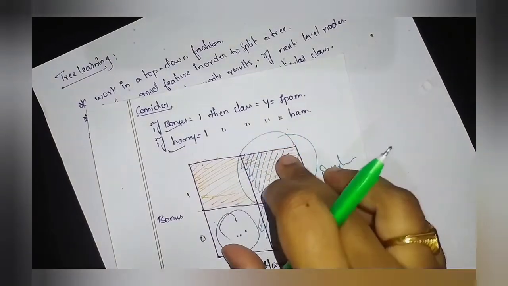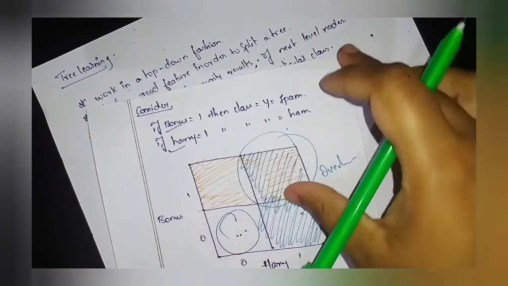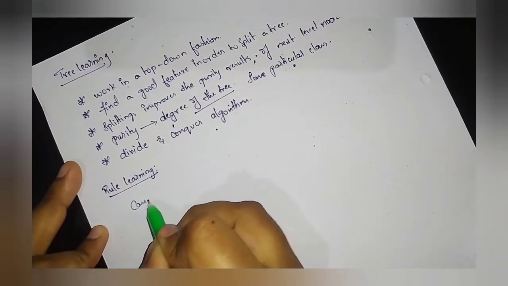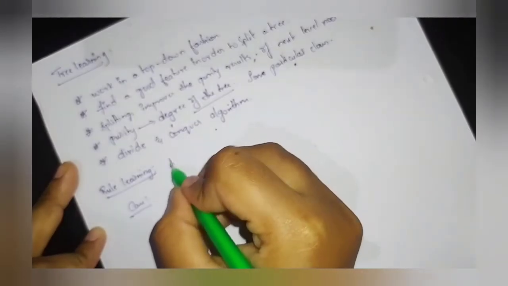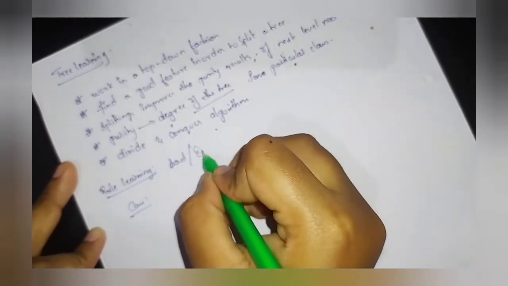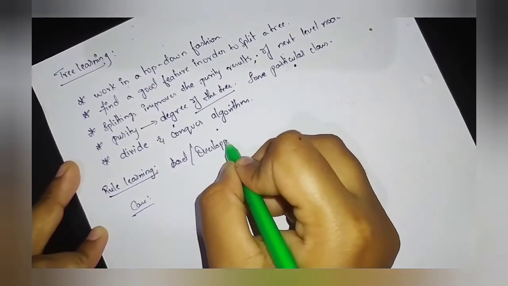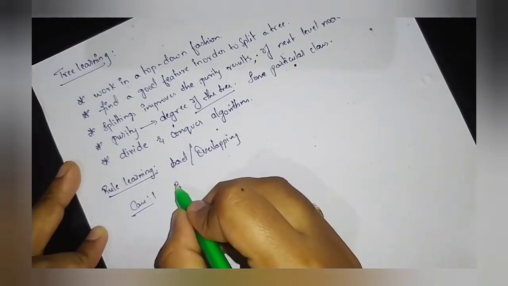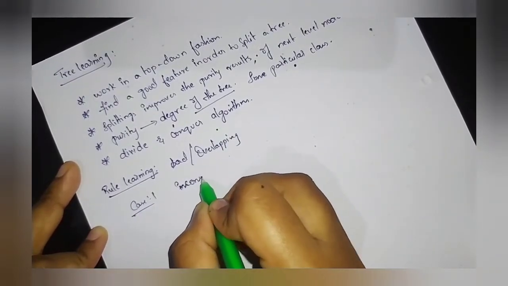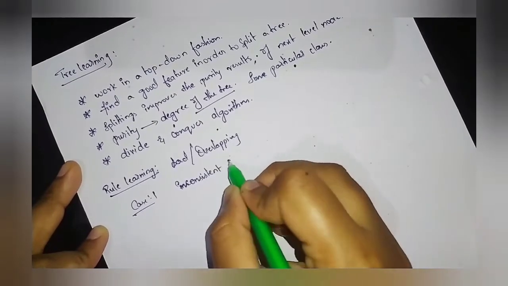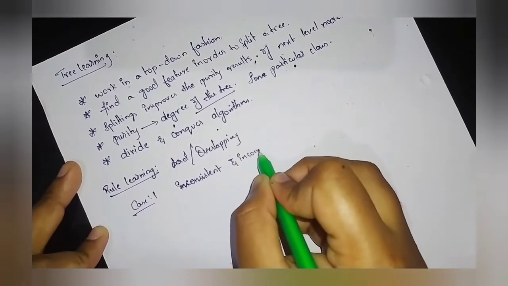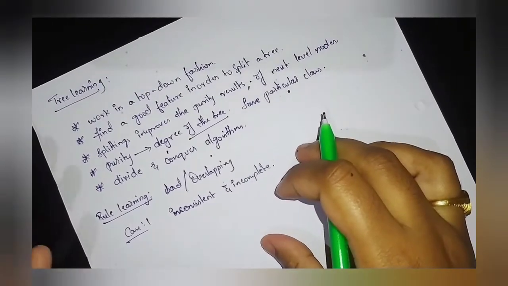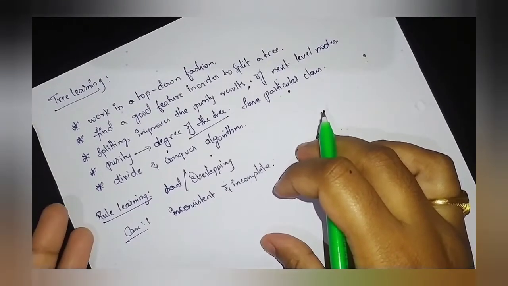Such rules are known as inconsistent or incomplete rules. Bad or overlapping situations can be known as inconsistent and incomplete, right?